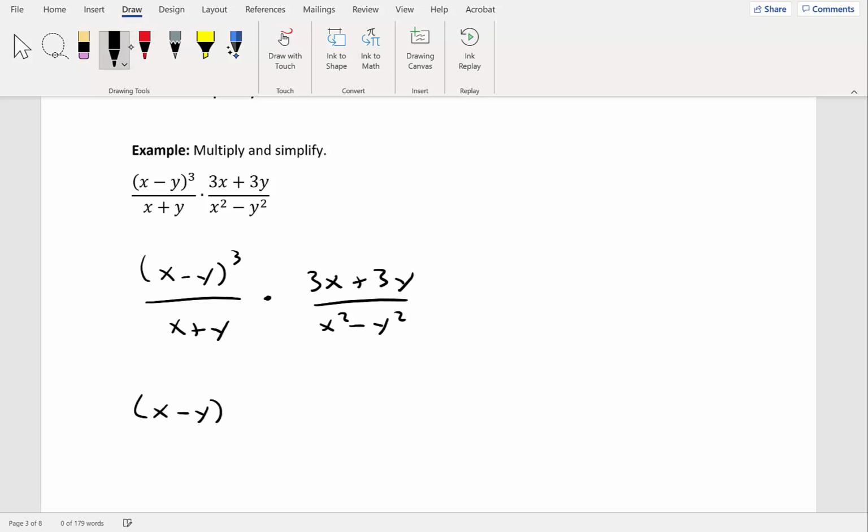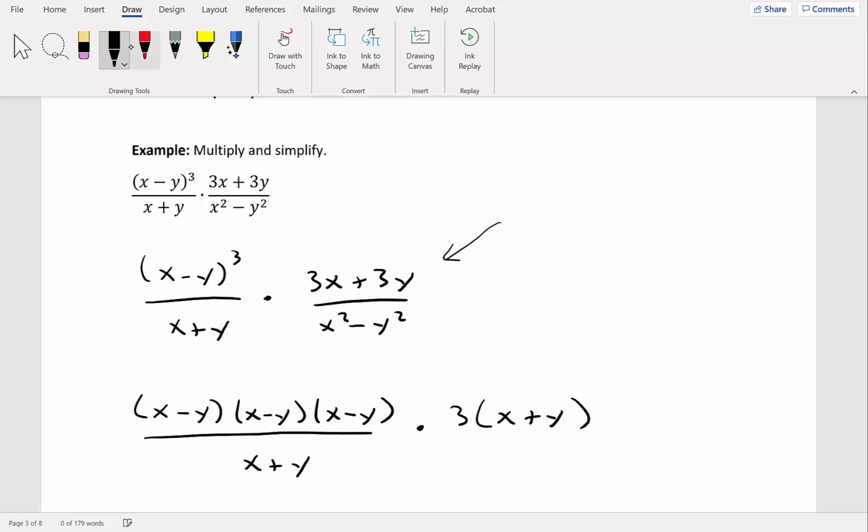This is just x minus y times x minus y times x minus y. So this is already factored. X plus y, I can't do anything with that. This is just x plus y. Now I have times. And now for the next fraction, the numerator, I have a GCF of 3, so I could factor that out, and I'm left with x plus y. The denominator of the second fraction, I have a difference of two squares. That factors into x minus y times x plus y.